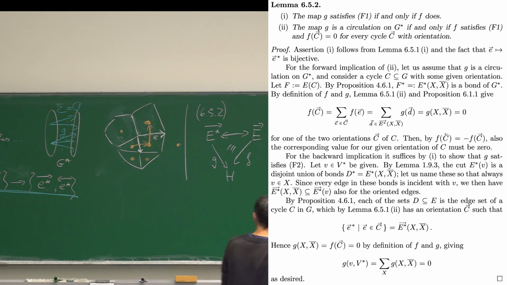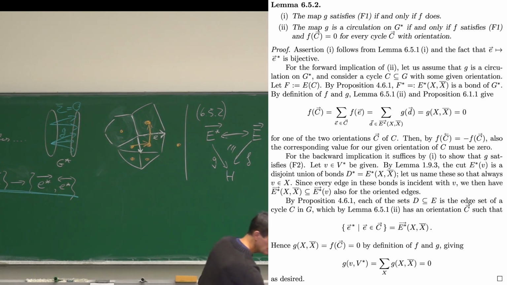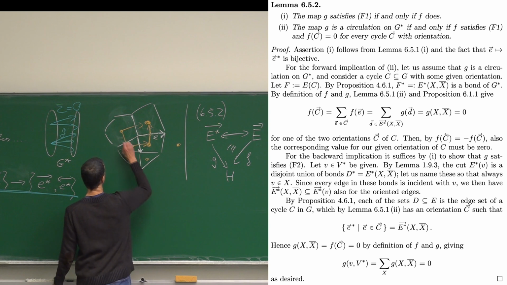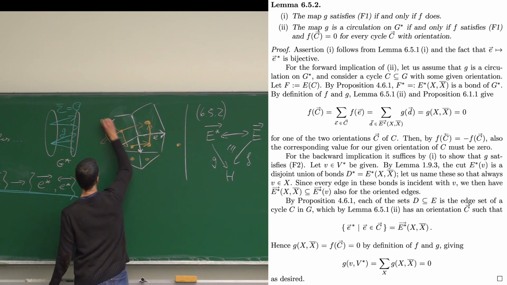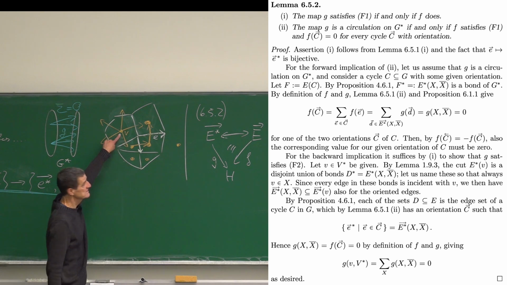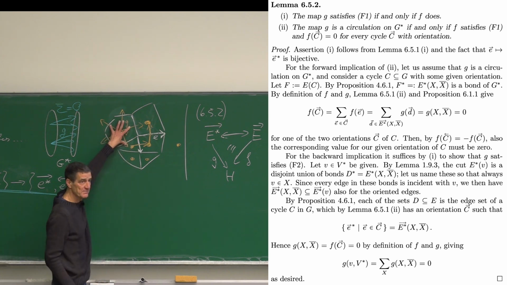F2 says that out of any vertex of the dual, if we sum over all the G values out of that vertex, then the sum is going to be 0.